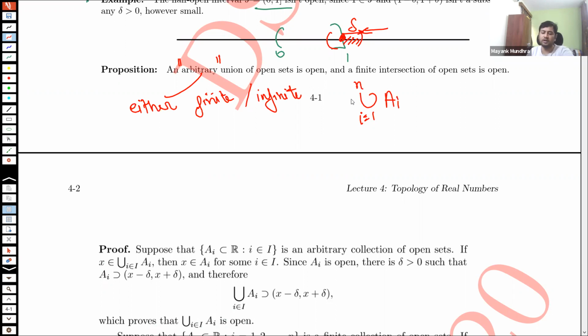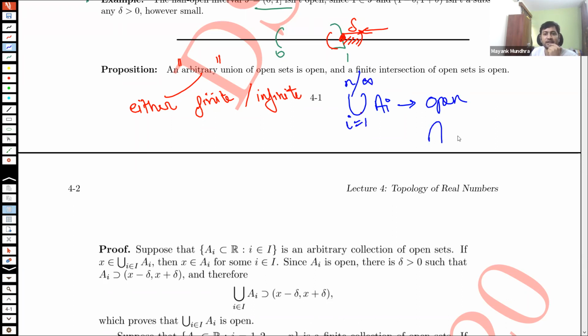or you could basically have an infinite union here. In either of the cases, the definition holds. The definition says that an arbitrary union of open sets is an open set, and a finite intersection of open sets is open. So a union of A_i where the A_i are open sets is going to be open for i equals 1 to n or infinity.